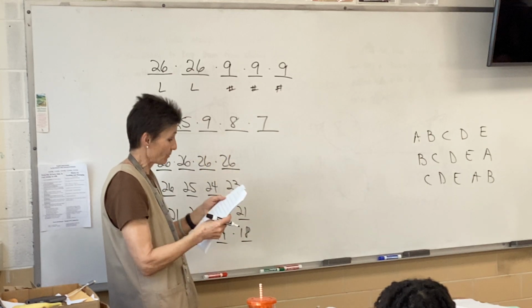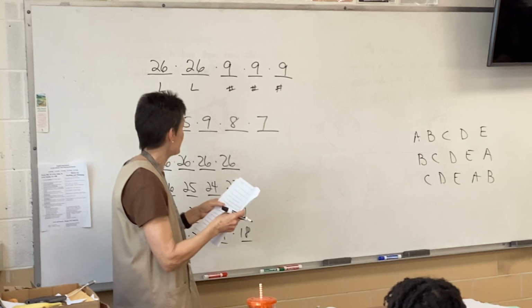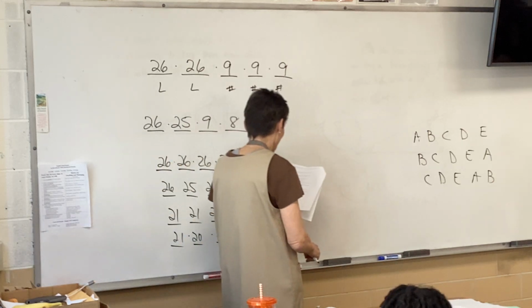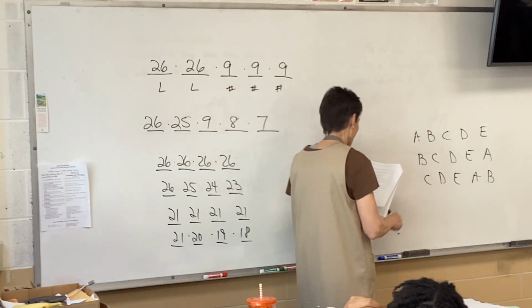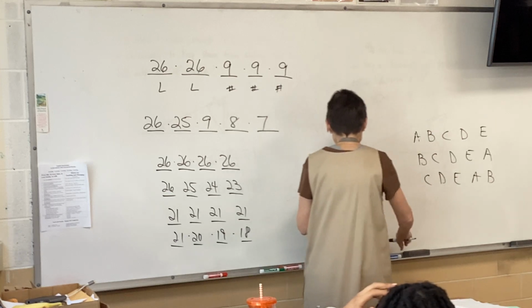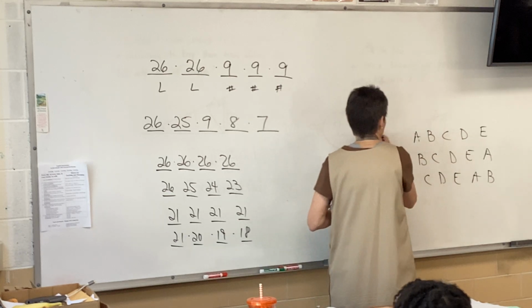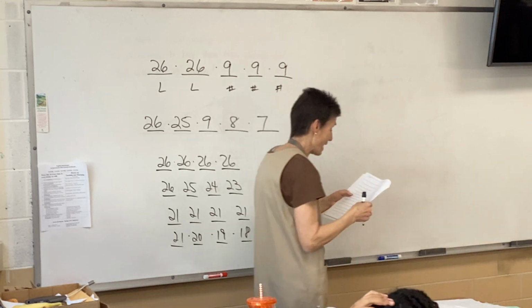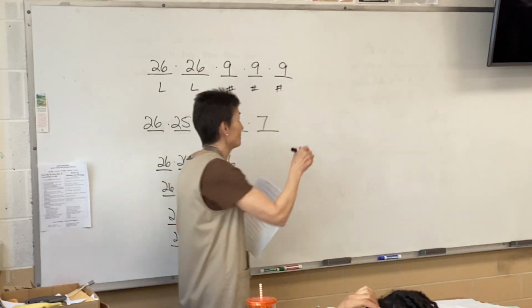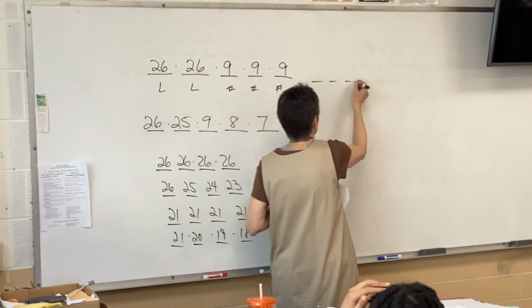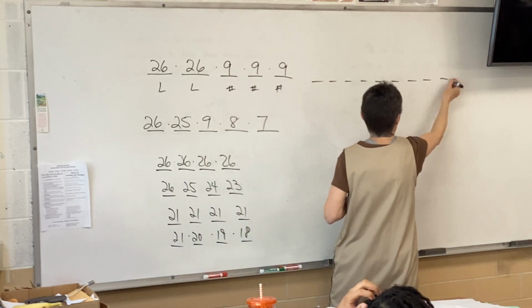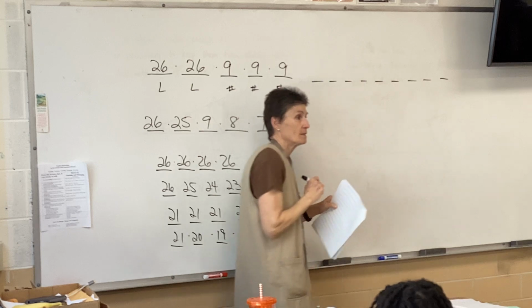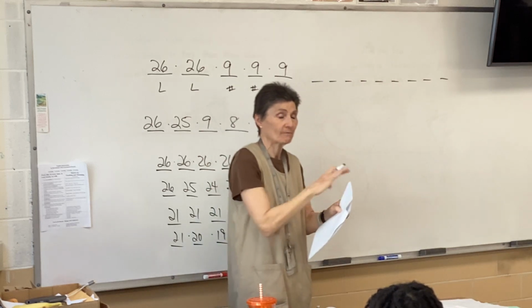All right, now read carefully. 15. How many batting orders are possible if a baseball team has 9 starters? So here, 1, 2, 3, 4, 5, 6, 7, 8, 9. There's my batting order. So I'm the coach, I sit down, I gotta fill this out.